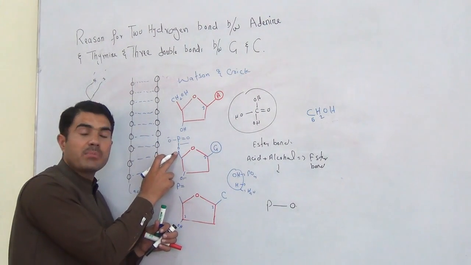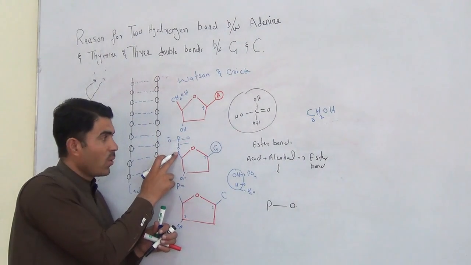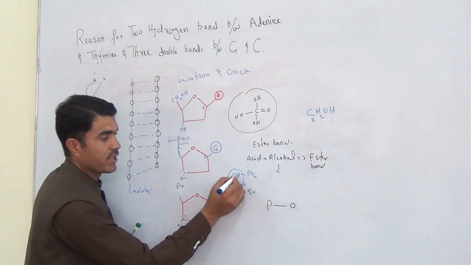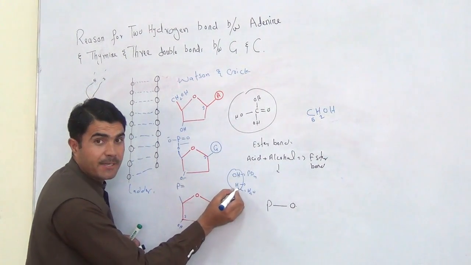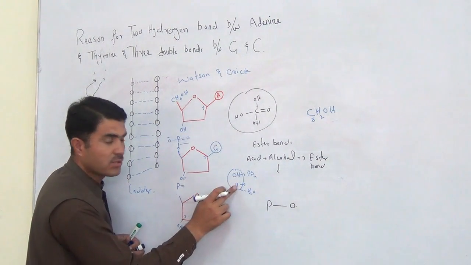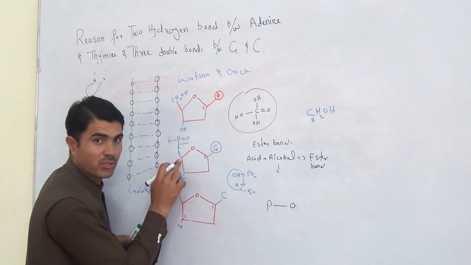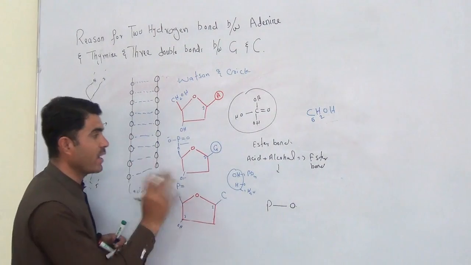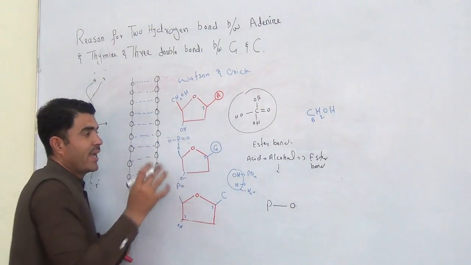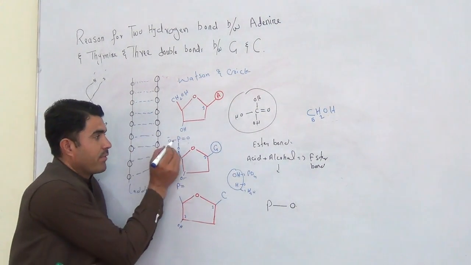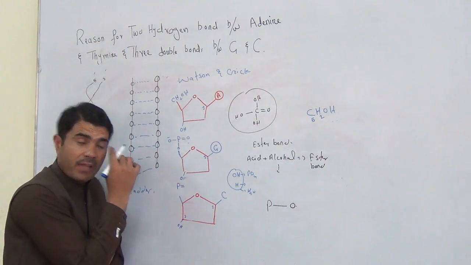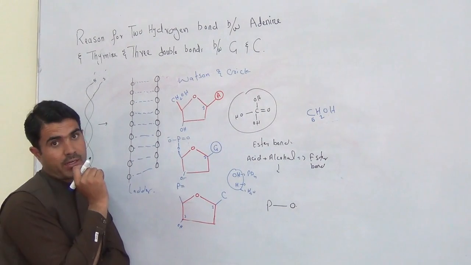So hydrogen will be removed from the OH while the phosphate will give its OH. So one OH from the phosphate and a hydrogen from the OH group, these two will combine in the form of H2O. So one H2O molecule will be released, and finally we will have a bond between the phosphate and the C5. This is called an ester bond, right?